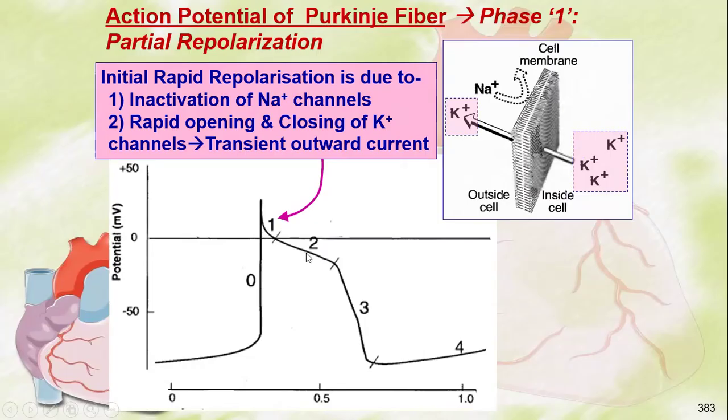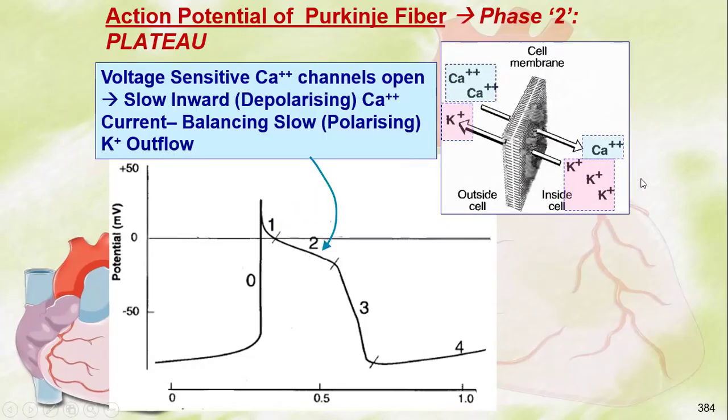Now in phase two, again potassium is open, but there are also calcium channels which are open. So potassium is moving from inside to outside, whereas calcium is moving from outside to inside. Again, the reason is the same: because of the concentration gradient. Outside the cell, calcium concentration is high, and inside the cell it's less. So whenever calcium channels open, the movement will happen from outside to inside.